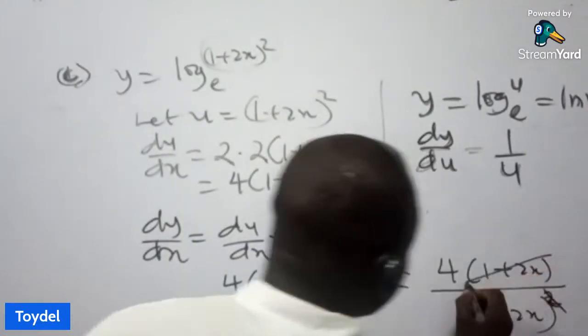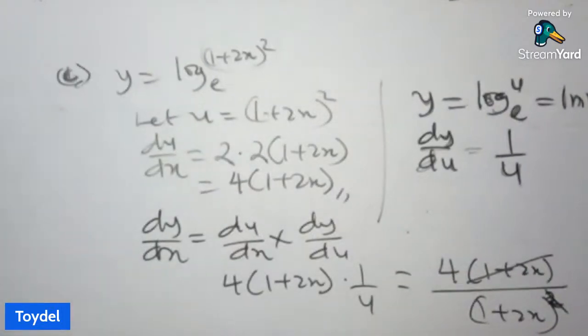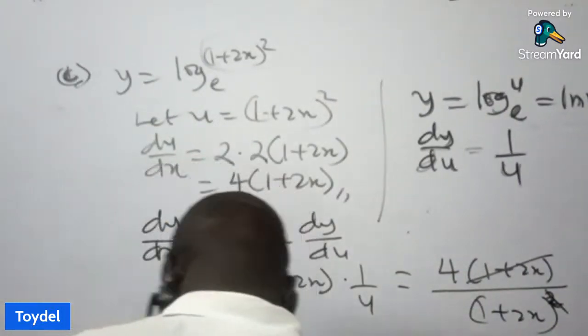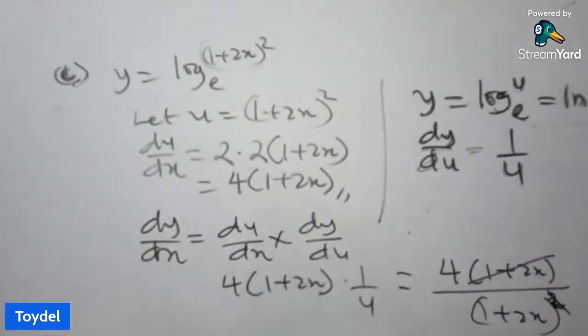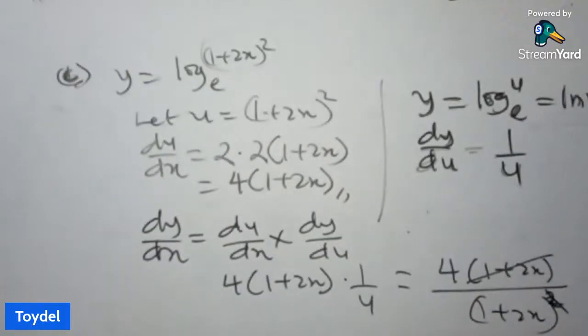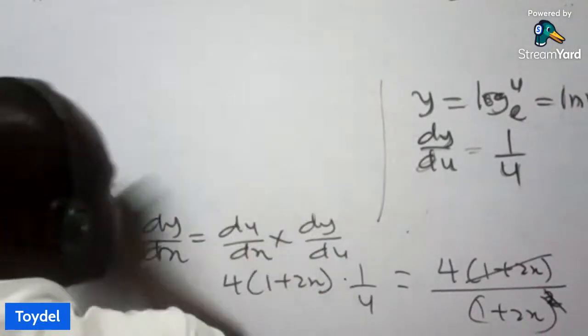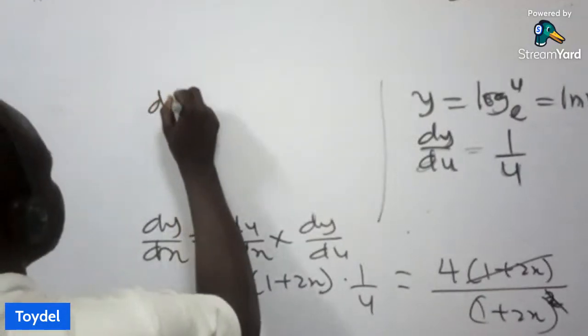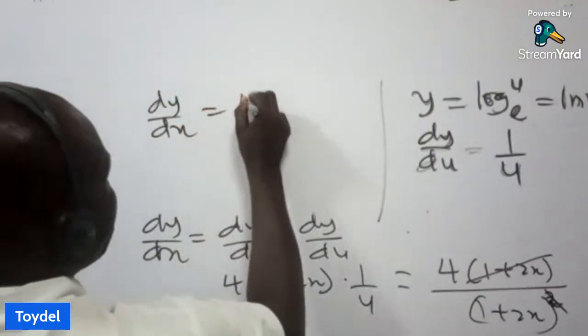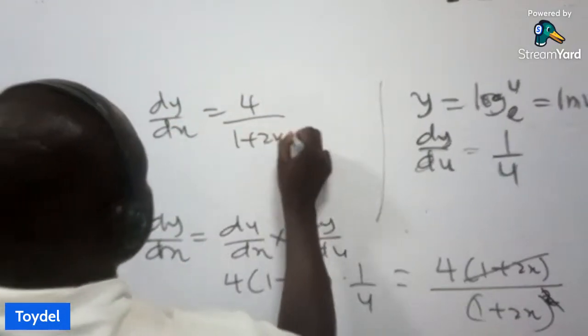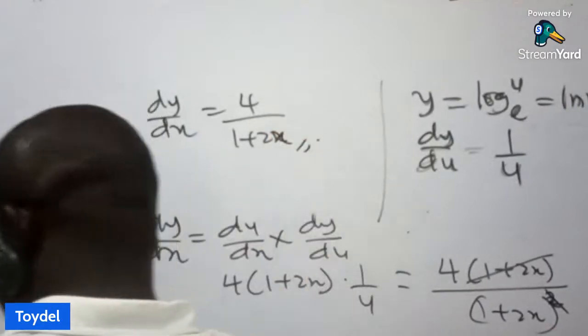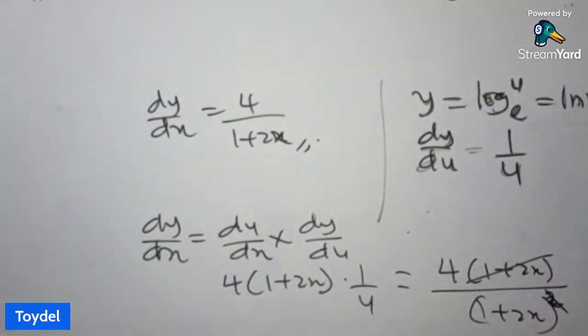So this can take care of this. So that at the end of the day, the value of dy/dx will now be equal to 4 all over 1 plus 2x, and that's what we are going to get.